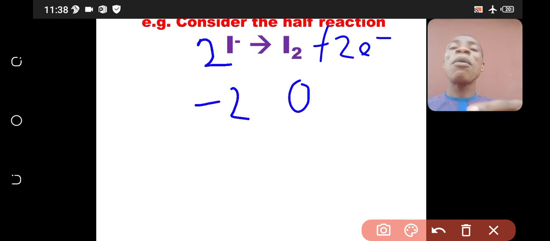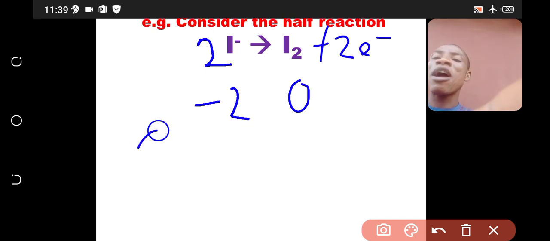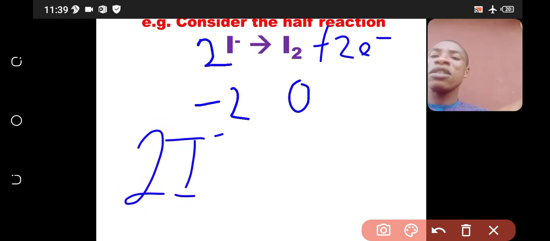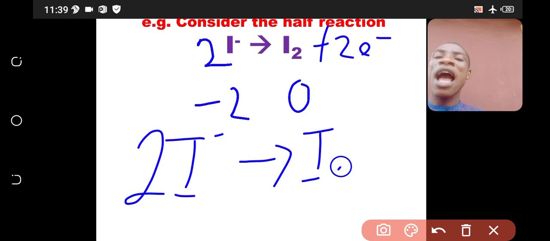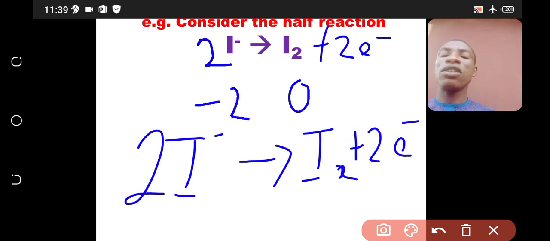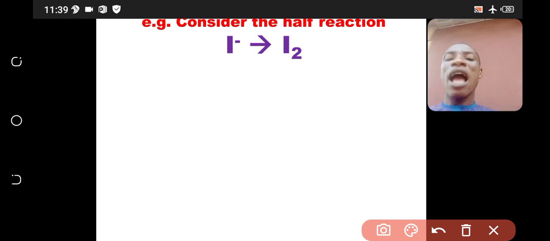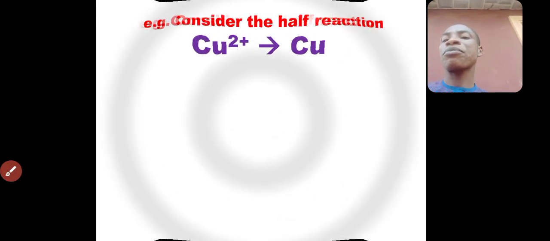It will give you the number of electrons you need to add to the bigger part to make it the same as the lower side. So here our balanced equation will be 2I minus giving us I2 plus 2 electrons. So that's how you balance the half equation.